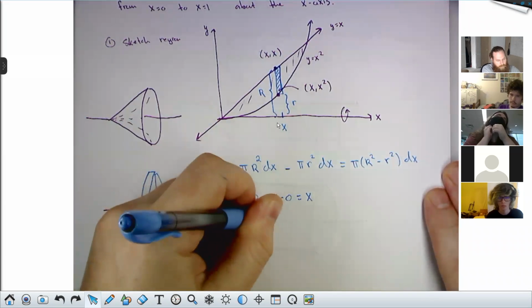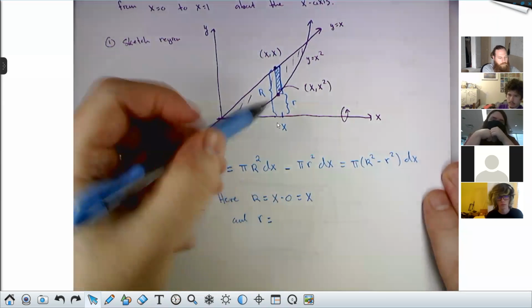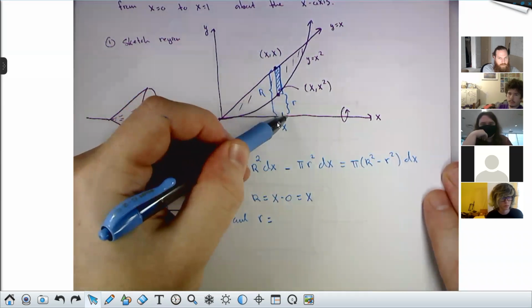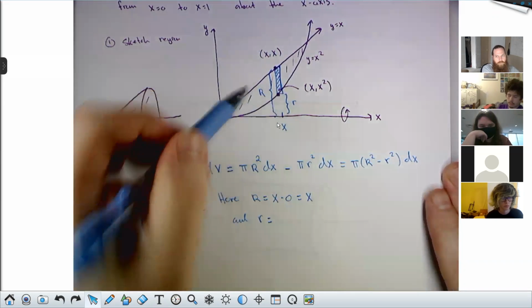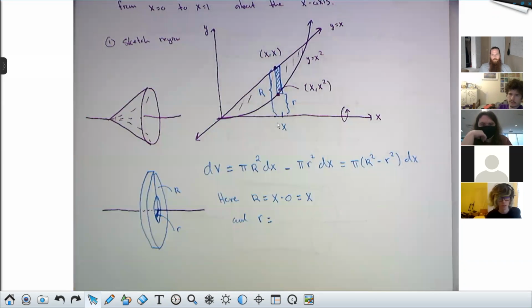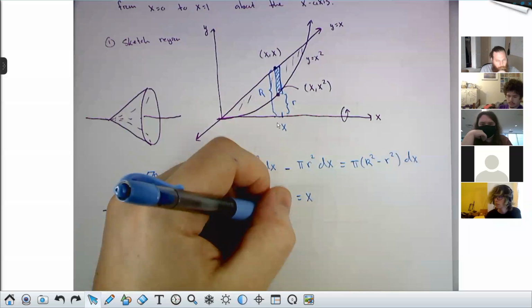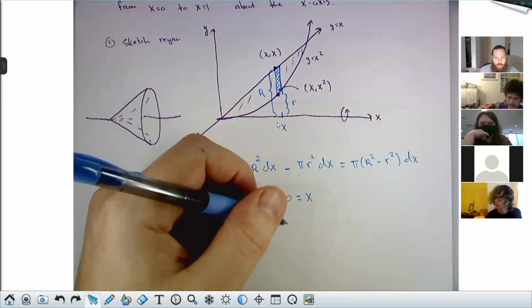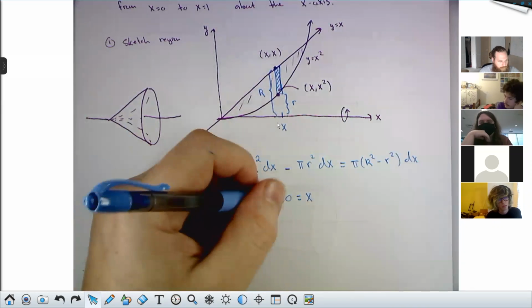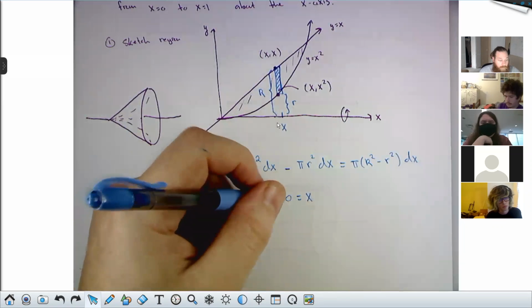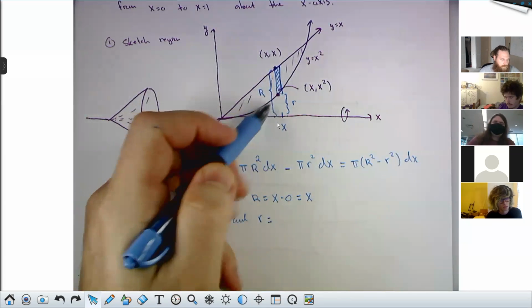And little r, who can help me out with little r? What is the vertical distance from the x-axis up to the bottom end of this strip? I think I heard you start to answer there, Cody, but it cut out on me. What did you say? Sorry, y equals x squared. Yeah. So this curve is y equals x squared.